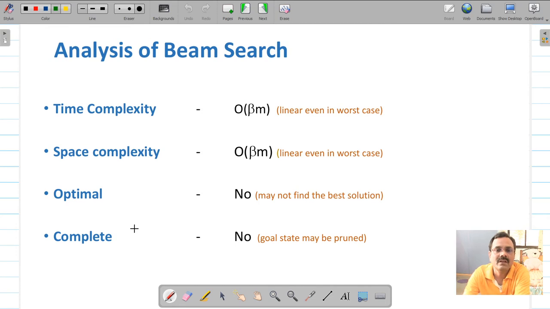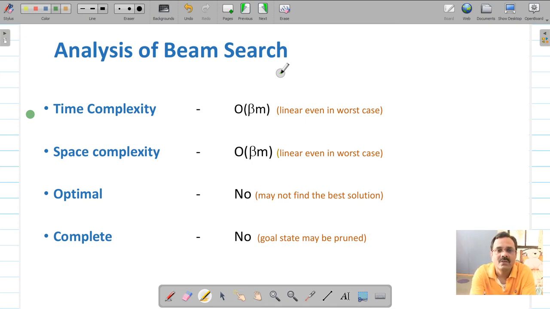So let us evaluate and analyze this algorithm, and talk about its time complexity. Let us find out how it works. It generates all the successors but selects only beta number of nodes out of those n successors.